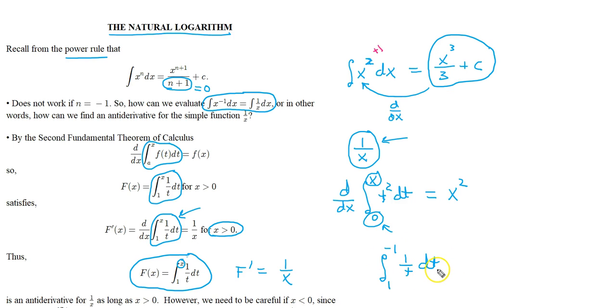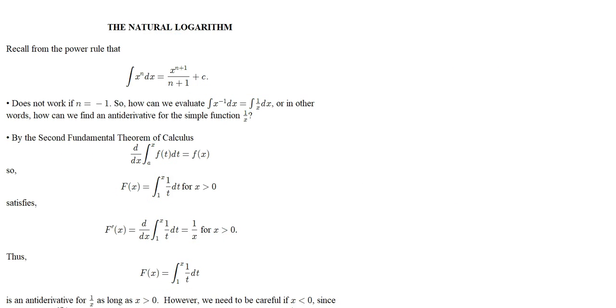This quantity does not exist because we're integrating from -1 to 1, and 0 is between -1 and 1. But 1 over t has a vertical asymptote. It does not exist when t is equal to 0. So this quantity will not exist here. So this function, as we have it defined here, is really only defined for x greater than 0. And this leads us to our definition now.